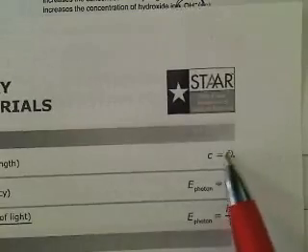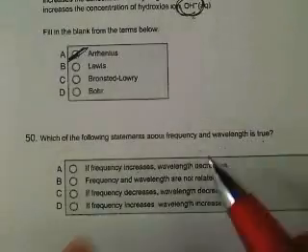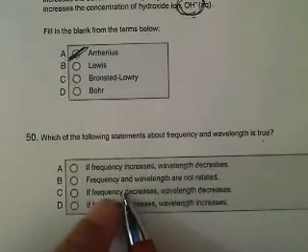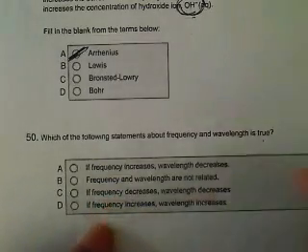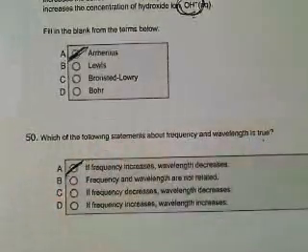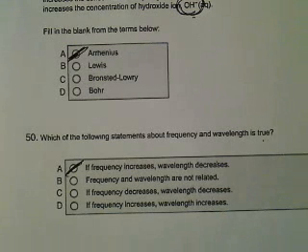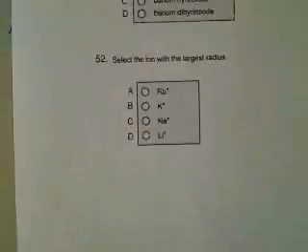Because as one increases, the other has to decrease. They have to be related because we have an equation that shows that, so this is just not possible. Alright, 2 questions left.